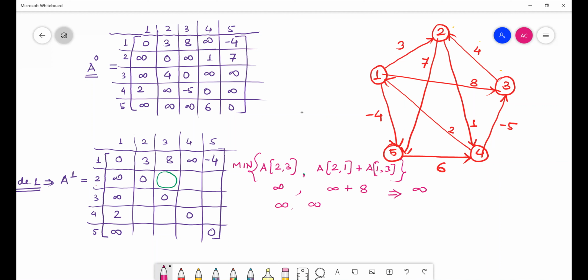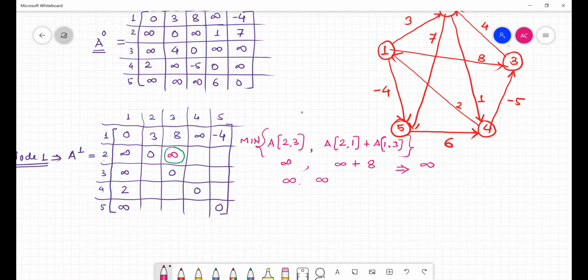Infinite only. So can I place infinite here? Yes, sir. That means I cannot go from 2 to 3 via 1 at this instance. There is no path from 2 to 3 via 1. Tadib, are you following? Yes, sir.